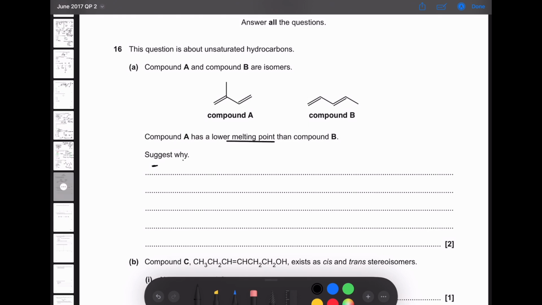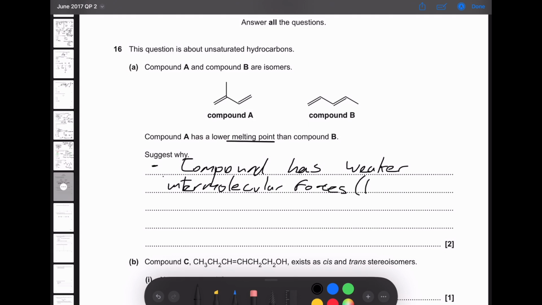So compound A has weaker intermolecular forces (London forces) which require less energy to overcome. And why is that?